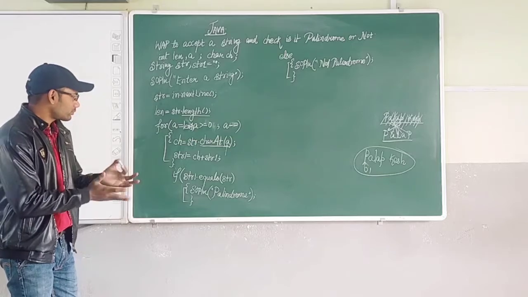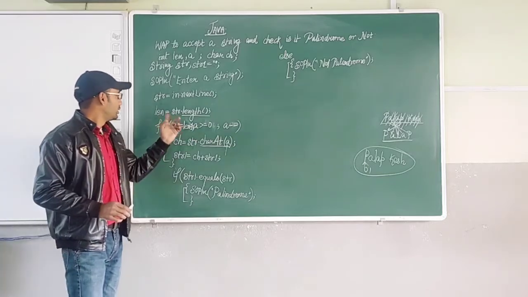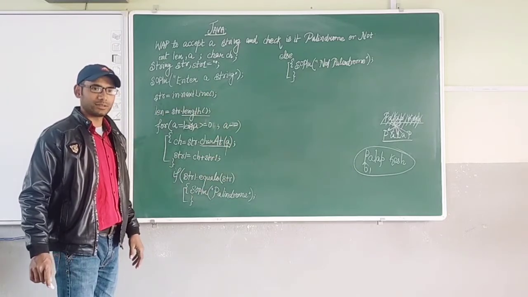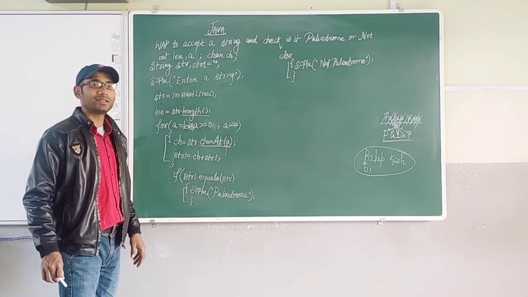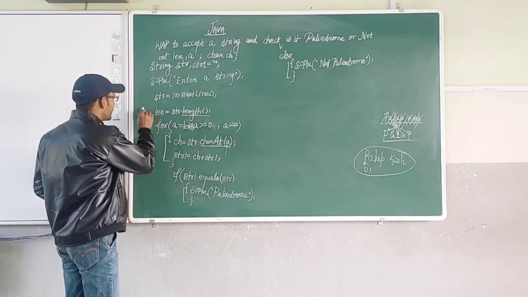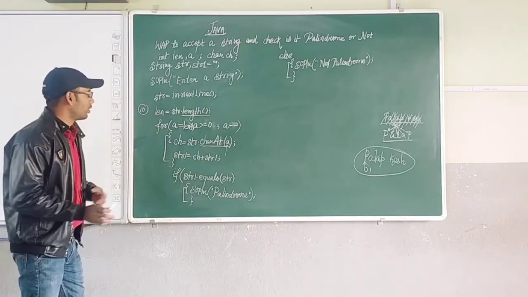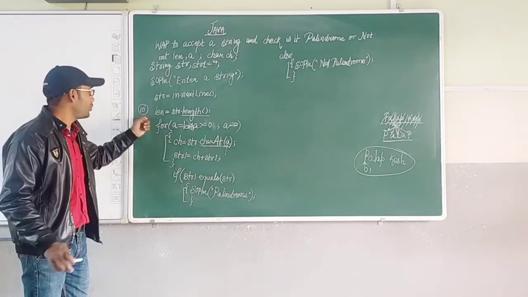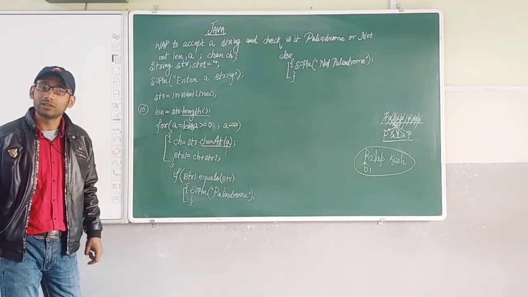Okay. See, the value of len is how much? The total number of characters. The total number of characters is 10, right? That means the value of len is 10. Remember that. Okay. For a is equal to len minus 1. Len minus 1 will be how much? 10 minus 1, 9.